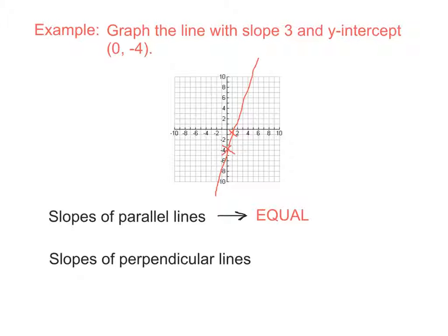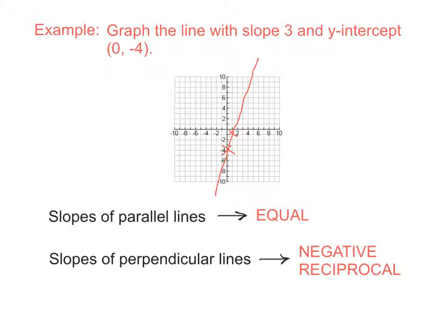Another way of looking at it is that their product is -1. However, a more simplistic way of looking at it is, if you have the slope of one line and you want to know the slope of the line that's perpendicular to it, you flip it, in other words, get the reciprocal, and you change the sign, and that will give you the slope of the perpendicular line.